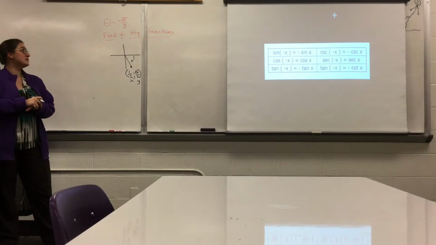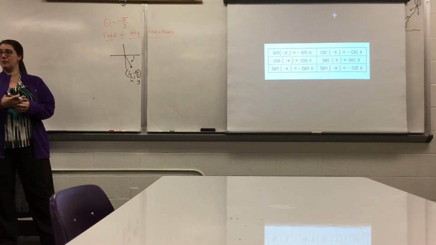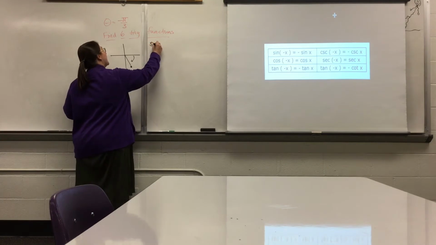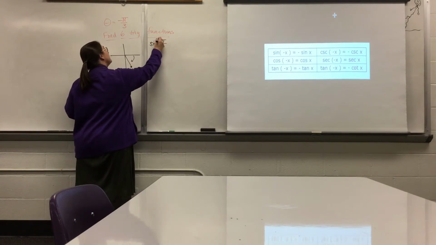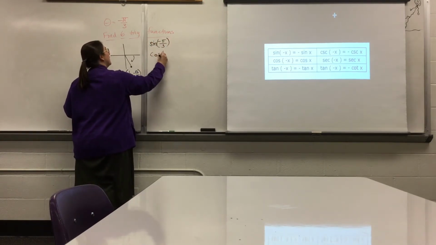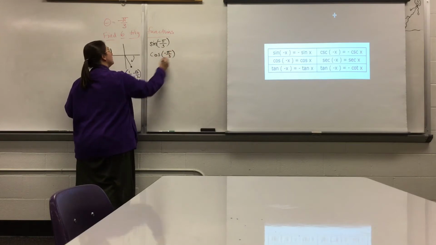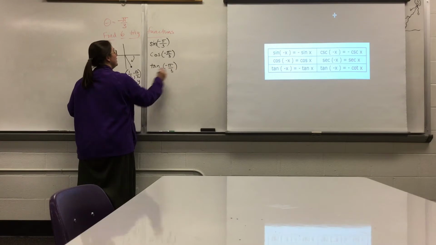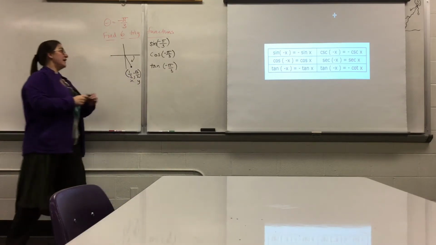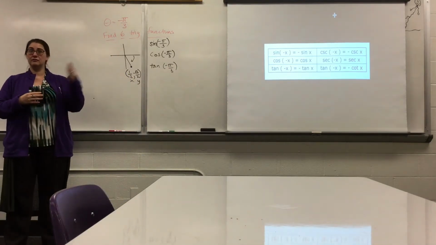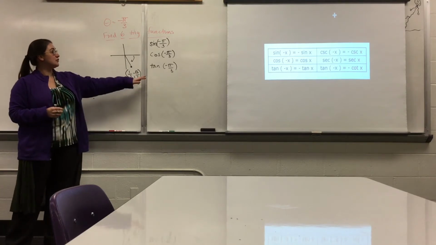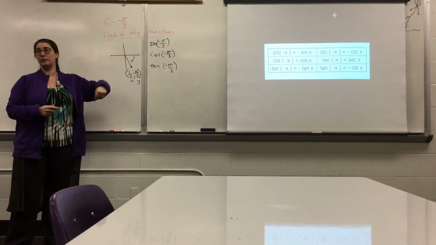And then as you find your 6 trig functions, you do it exactly the same way as we did yesterday. I'm going to let you do that really quick. We're going to do sine of negative pi over 3, cosine of negative pi over 3, tangent of negative pi over 3, and then cosine goes with secant, sine goes with cosecant, and tangent goes with cotangent, so you find your reciprocals for those.